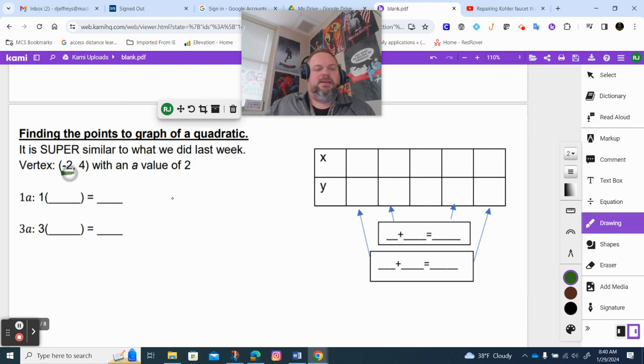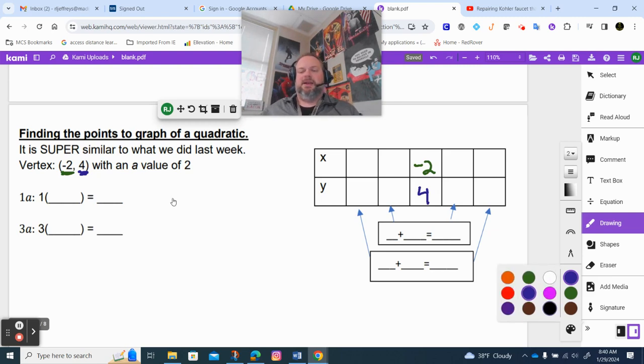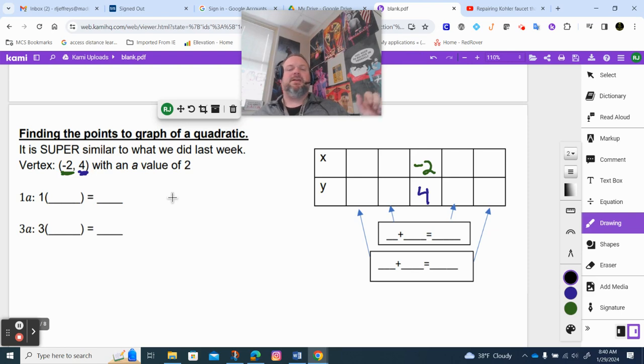All right, our x value, this is kind of like our h we had last week. It goes here, and this goes here. Now, up on the top, it goes like a number line.